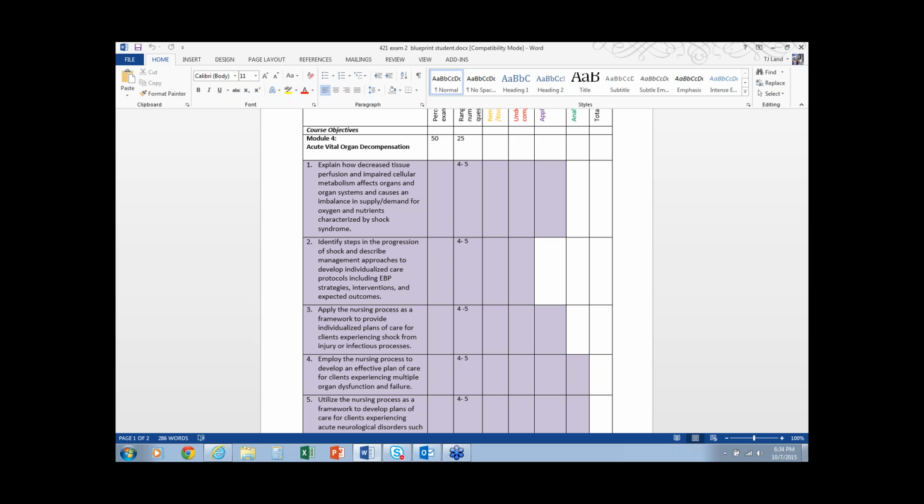So that could be pre-renal, intrarenal, or post-renal. Pre-renal is hypoperfusion. We don't get enough blood to the kidney. Intrarenal is where we have had a long enough delay in perfusing the kidney that now we have damage to the actual tubules within the kidney itself.